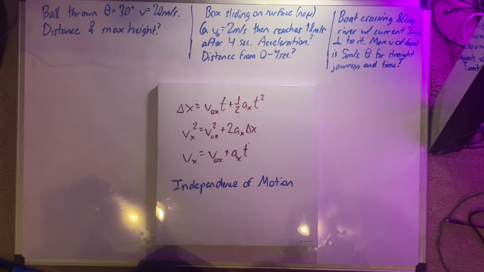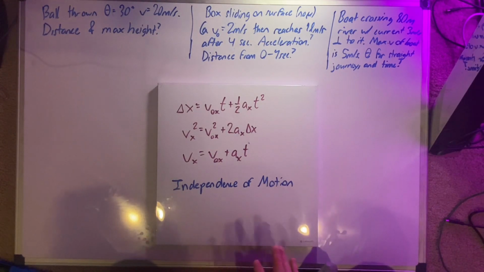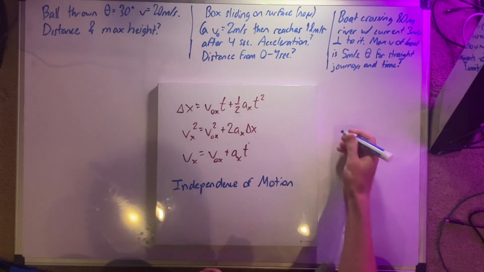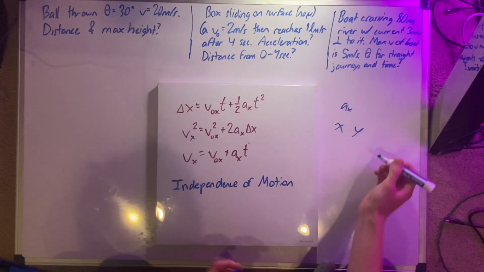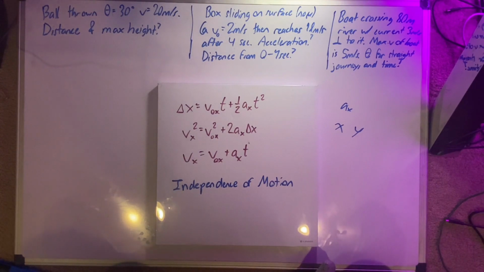So the entire idea behind independence of motion is that whatever happens in the x direction does not affect the y direction. Whatever happens in the y direction does not affect the x direction. And then there's also a z direction in there because we live in a three-dimensional world, but we don't deal with a z dimension in physics. So we are talking mainly about two-dimensional motion where we have an x and a y. So if we have an acceleration in the x direction, it will not affect the y direction.